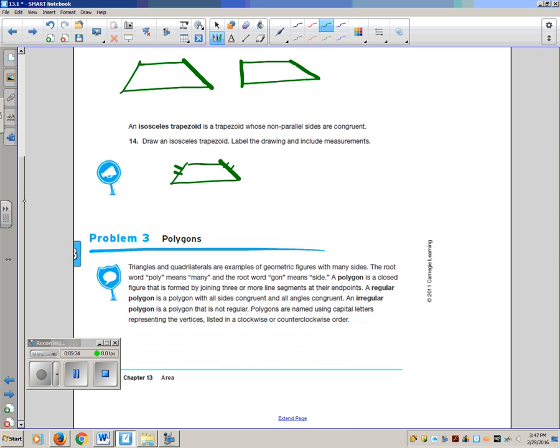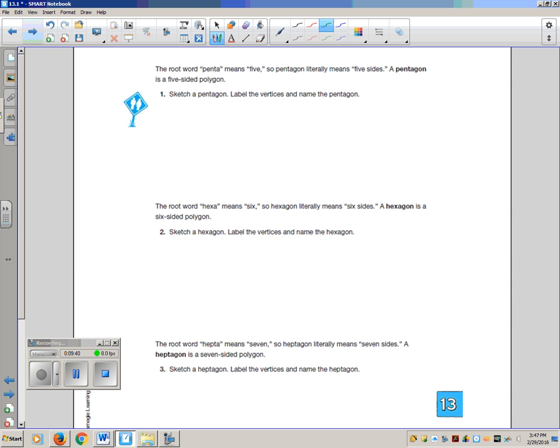Now we're getting into polygons. Polygon means 3 or more sides. So we're going to start out with a pentagon. Penta means 5. So you're going to draw a 5-sided shape. 1, 2, 3, 4, 5. That's a pentagon.